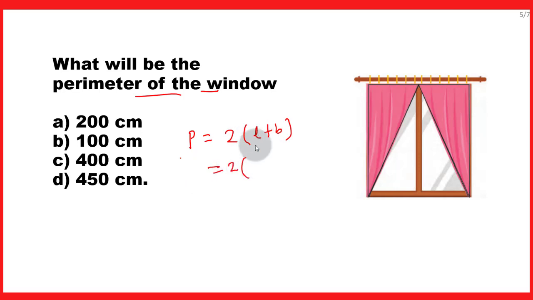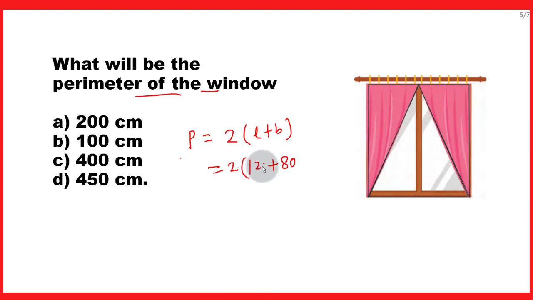So 2 into length, we have calculated in the previous question, that was 80, plus breadth we have calculated. I think the breadth was 80 and the length was 120.